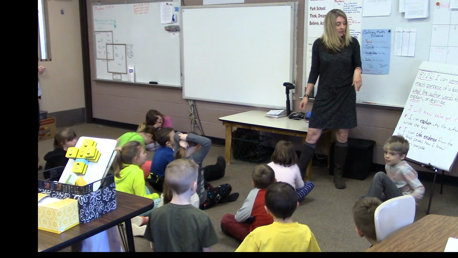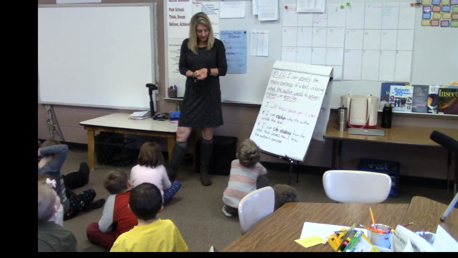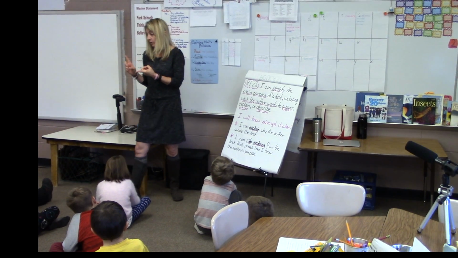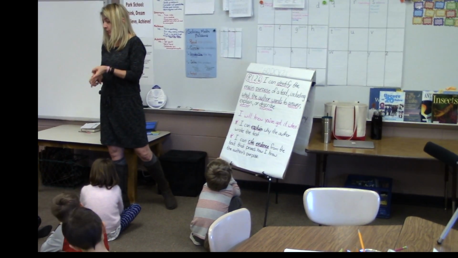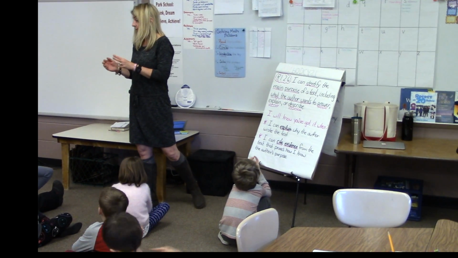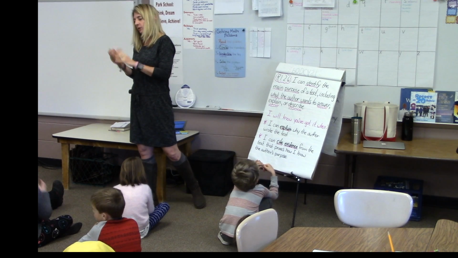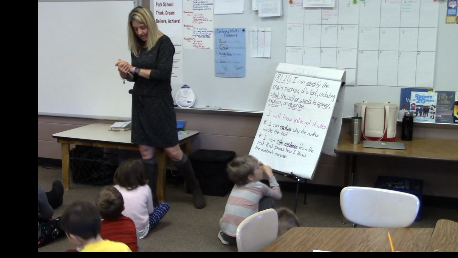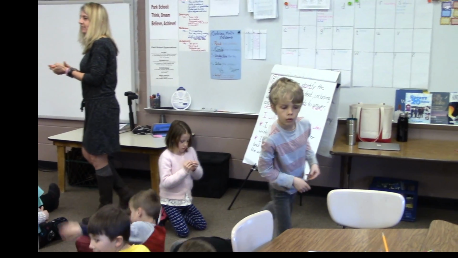Okay, so we're going to practice today deciding what kind of text we are looking at. Are we looking at something that the author is trying to persuade us, or that they are trying to inform us, or that they are trying to entertain us? You've got some text on your table, and you've got some cards. Each card is a different category.